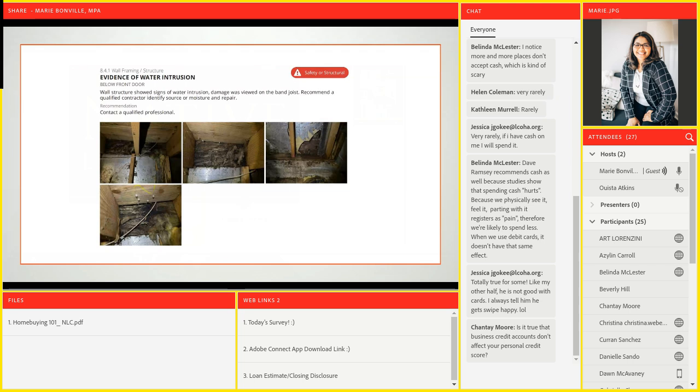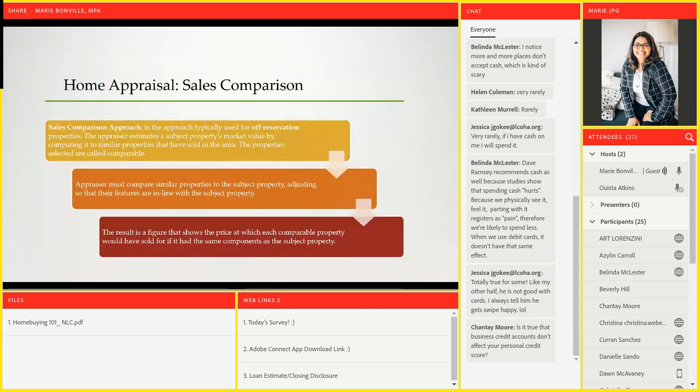And then the recommendation is contact a qualified professional. So from point A to point B, that's a costly repair, right? That is going to cost the homeowner money, the buyer money. The buyer could also ask the seller to repair this item or to provide monies towards repairing this item. However, either way, it was found because of the inspection report. And that is why an inspection is so important.